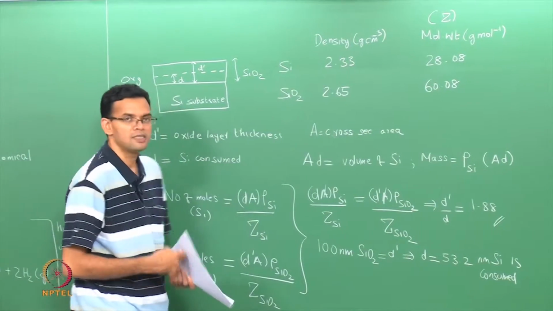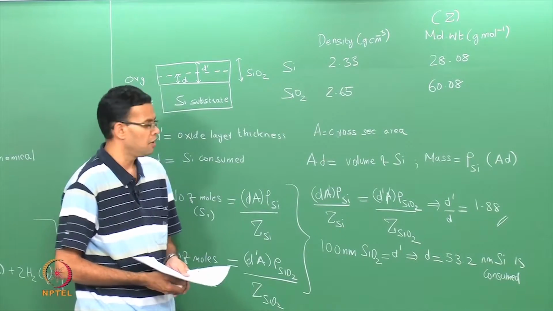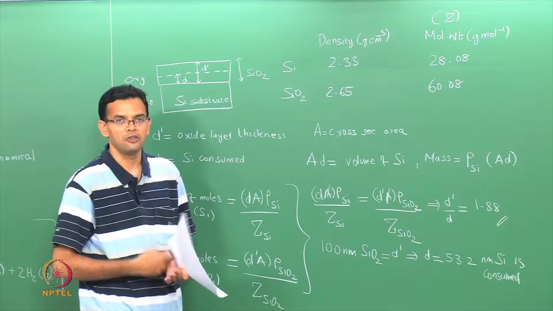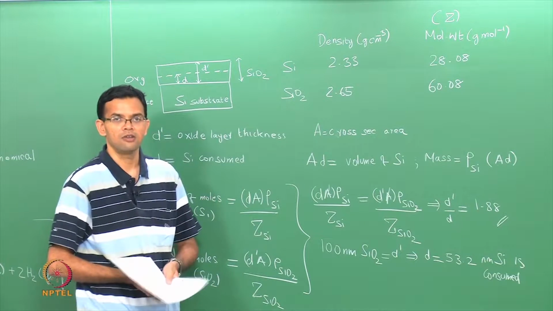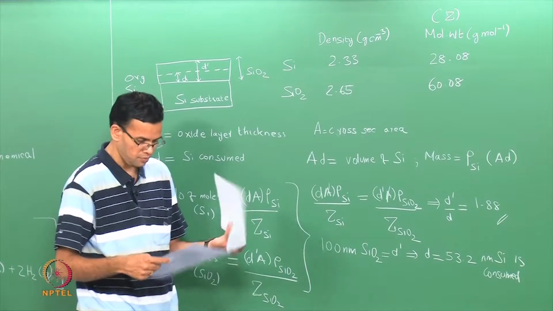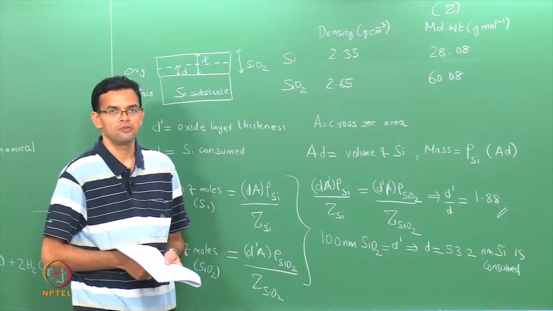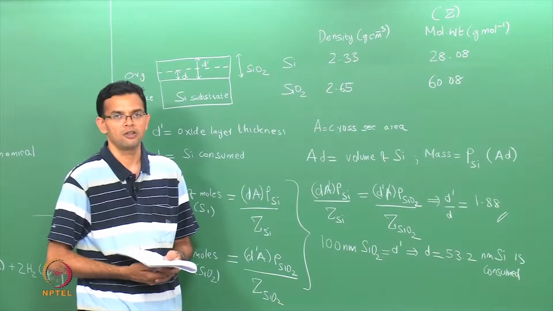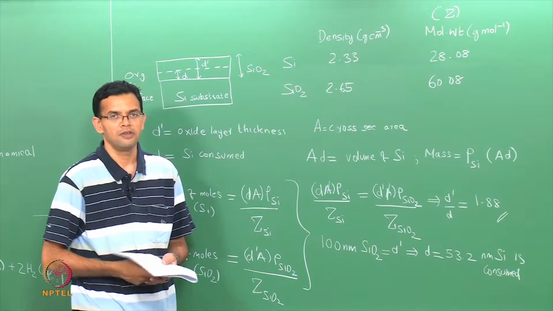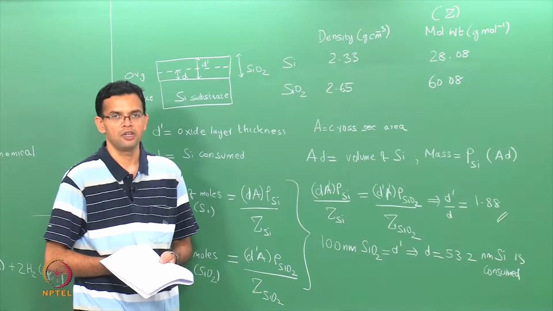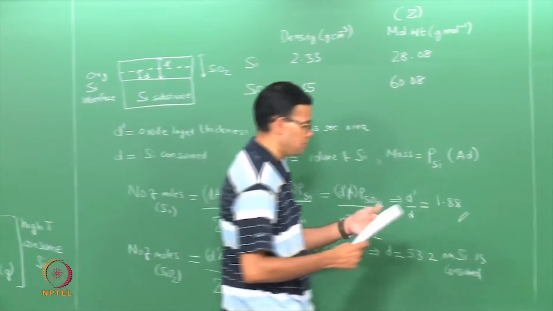So, there is always some volume expansion when you consume silicon and you grow a layer of silicon dioxide on the surface. Silicon dioxide growth on silicon is called a thermal oxidation process. So, we can have a simple model of this thermal oxidation process.